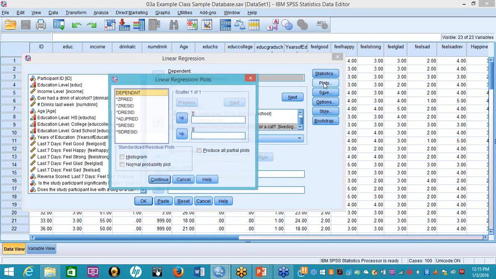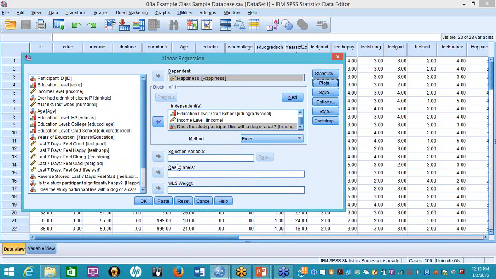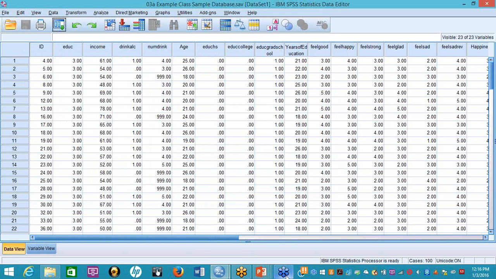Then under Plots, we might decide to go in there, and in X and Y, we might put Z pred by Z resid and continue, because that's what gives us that figure with all the dots that, if they're evenly dispersed, indicates an acceptable level of homoscedasticity and linearity. Recall that from our checks of data integrity. Okay, then, of course, we're going to paste. So we paste.